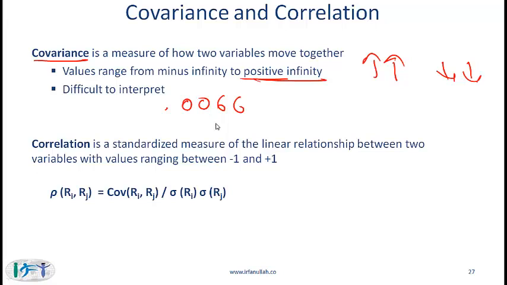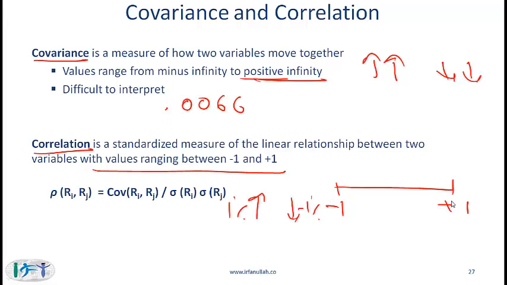To address that problem, we use another measure called correlation, which is a standardized measure of the linear relationship between two variables, and the values of correlation will vary between -1 and +1.